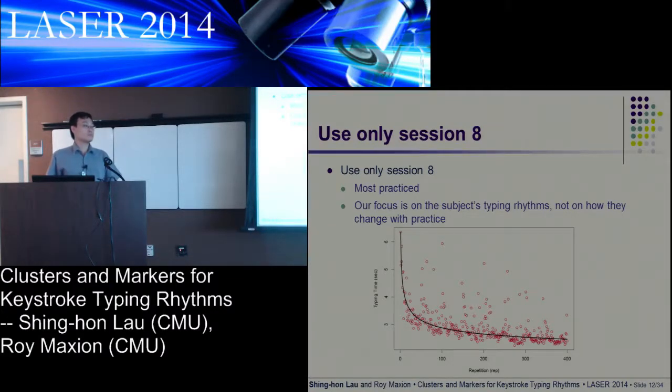Yeah. So there's actually work that Roy and I have been doing that's almost written up now that talks just about practice, not in the context of clustering, but just about practice. And I think it depends on what level of change you're willing to tolerate. If I recall, the median point for somebody to have an expected change of about 1 millisecond in how long they take to type a password doesn't occur until about 250 repetitions in.